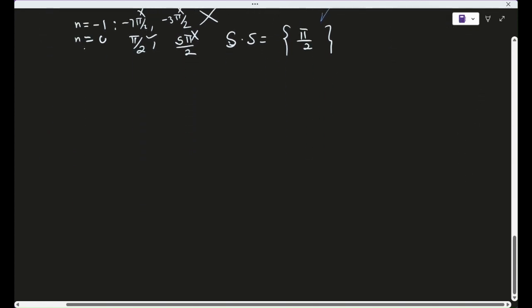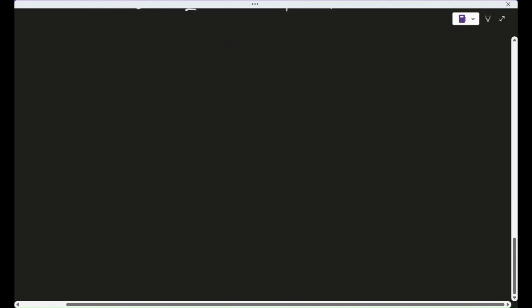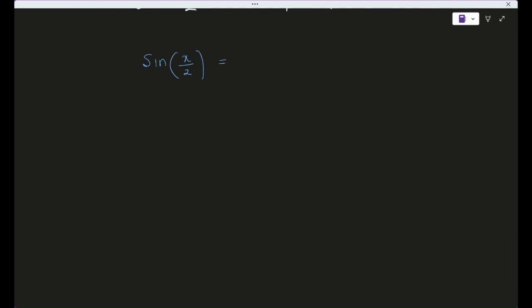Now, let's try to solve this same problem in another way using another method. Don't forget, we are solving sine of x over 2 equals cosine of x over 2, and we're looking for solutions in this interval. Now here we'll use the half angle formulas.